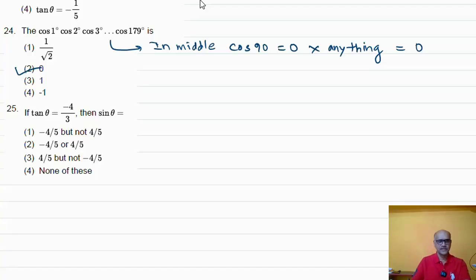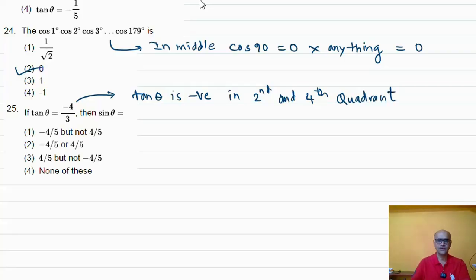Last one: tan theta is equal to minus 4 by 3 is given. So tan theta is negative in which quadrant? It is negative in the second and fourth quadrants. Sin theta in the second quadrant is positive, and in the fourth quadrant sin is negative. So one answer should be plus and one answer should be minus.